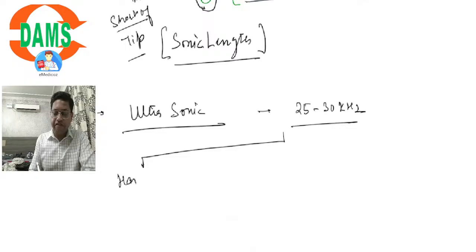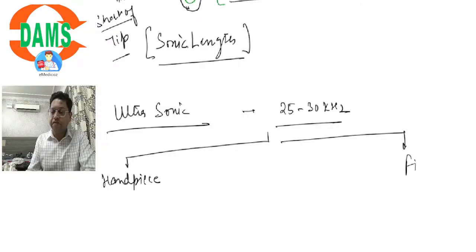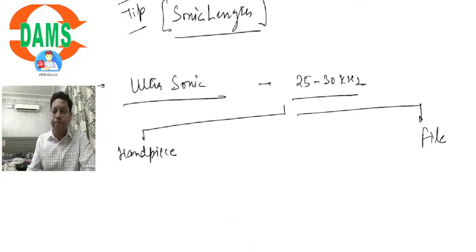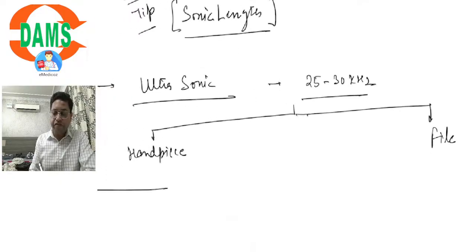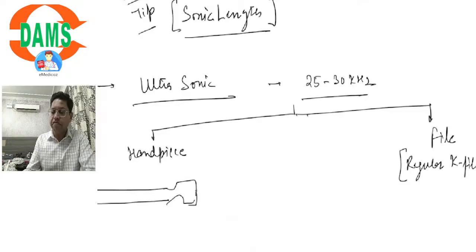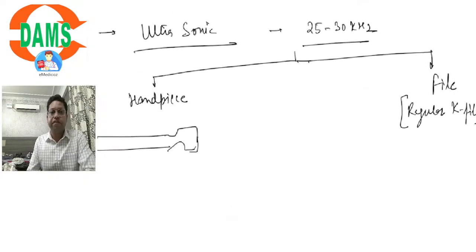One is the handpiece that transmits the ultrasonic vibration, and another is the file. So the handpiece would be a special handpiece, and for the file, no special files are used. We use regular K files. What are K files? We have already seen. No special files are there. Regular K files are there.